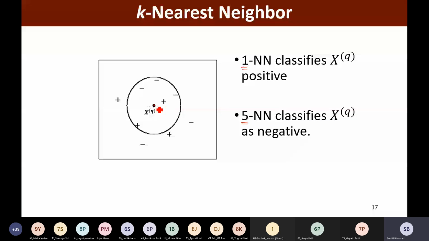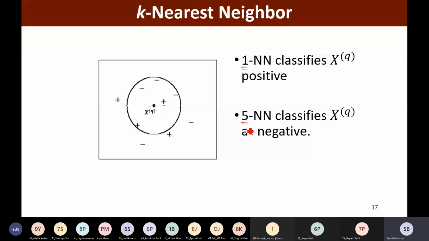I'll get the class for XQ as positive because this is the sample which is closest. And as I am using 1 NN, whatever the class of this sample is, that class will be assigned to my query instance, right? So XQ will be predicted as positive if it is 1 NN.